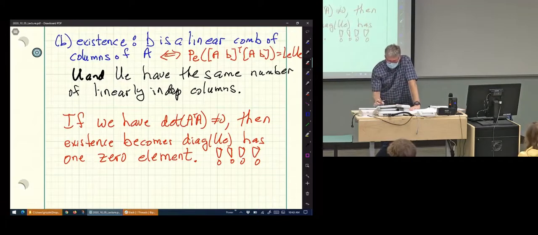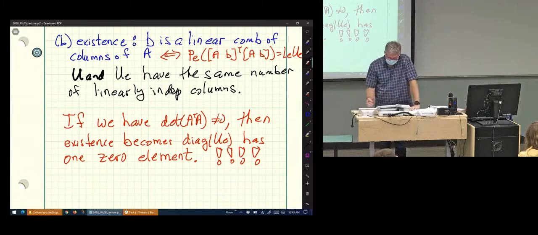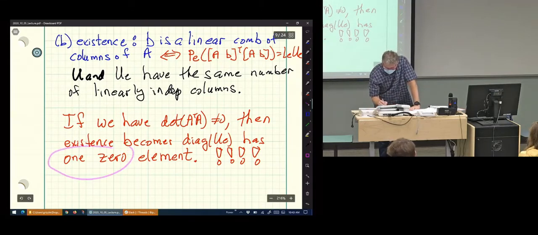And so once we have that, then U and UE have the same number of linearly independent columns if and only if when we add B to A, we don't pick up another independent one, so we need a dependent column, so we need 1 0 element on the diagonal of UE.